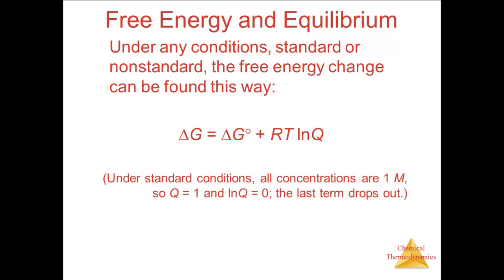Note that when we are under standard conditions, all pressures are 1 atmosphere and all concentrations are 1 molar, so the value of Q is 1. Since the natural log of 1 is 0, the last term drops out and delta G equals delta G0, as it should.